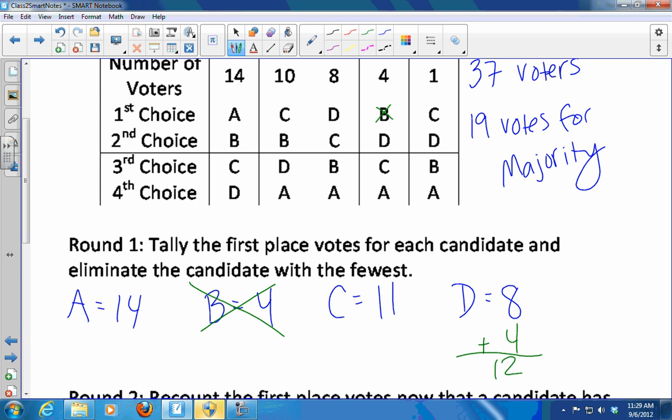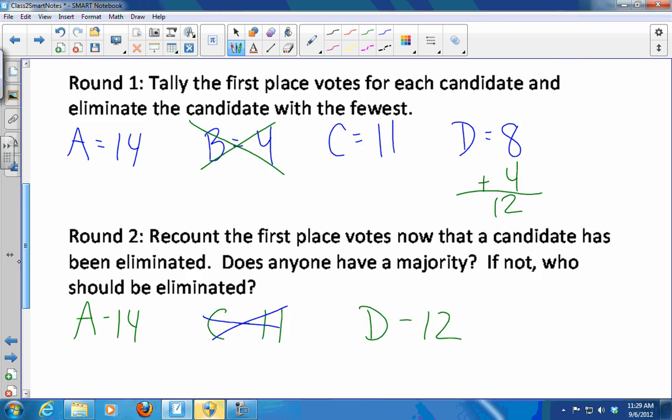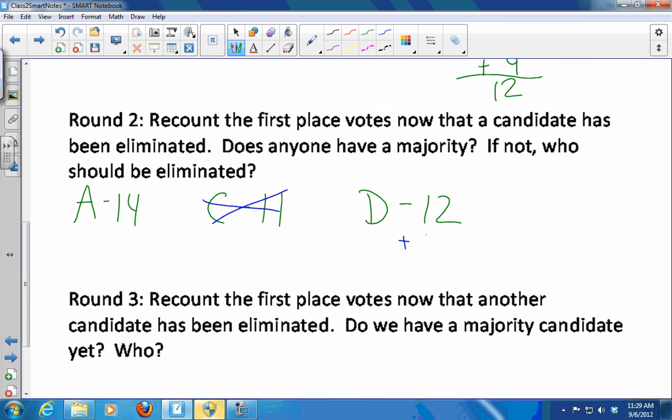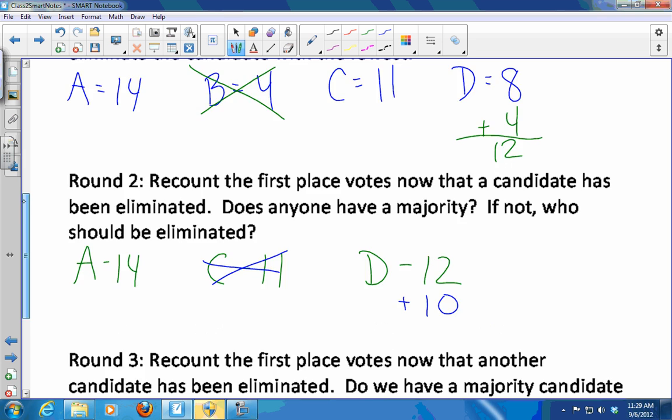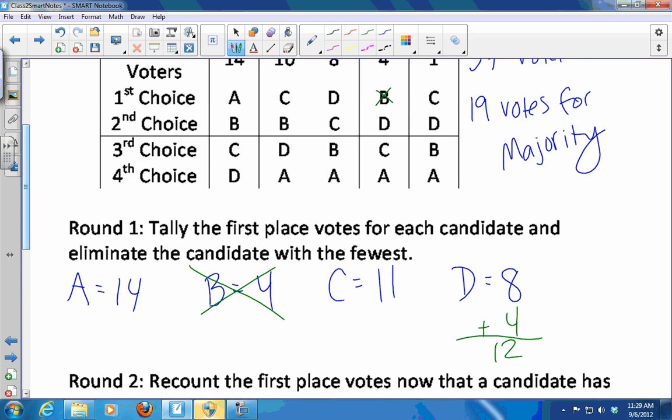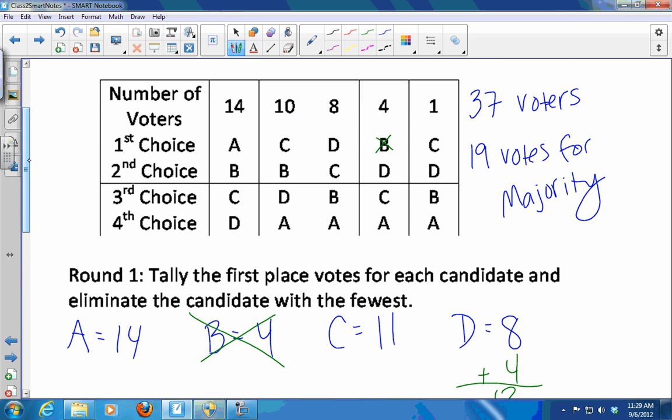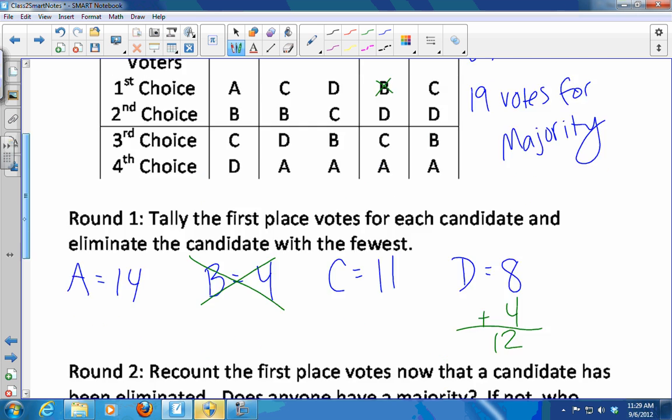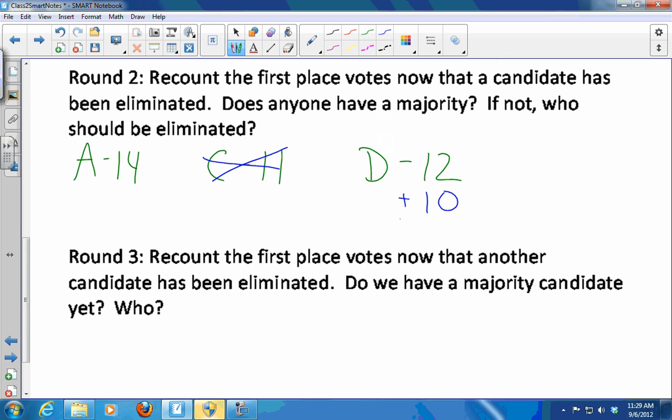So those 10 are going to go to D. So we give 10 more votes to D. And then this one person, their vote is also going to go to D, right? So all of C's votes go to D. So we have 23 votes for D. D has a majority, so D wins.